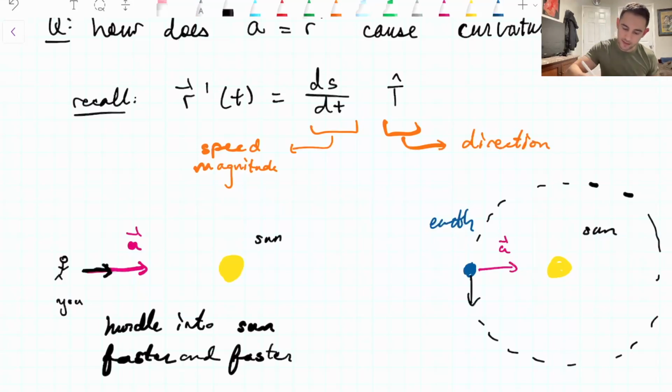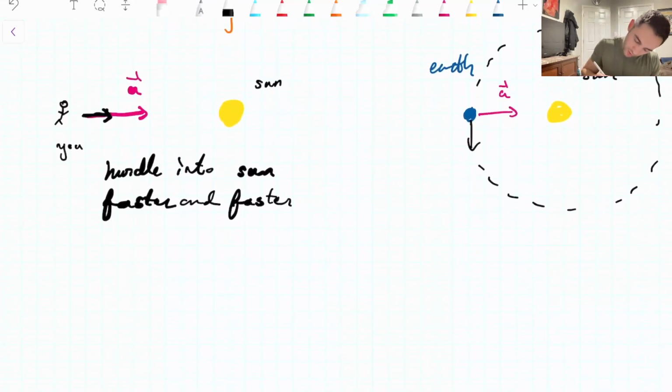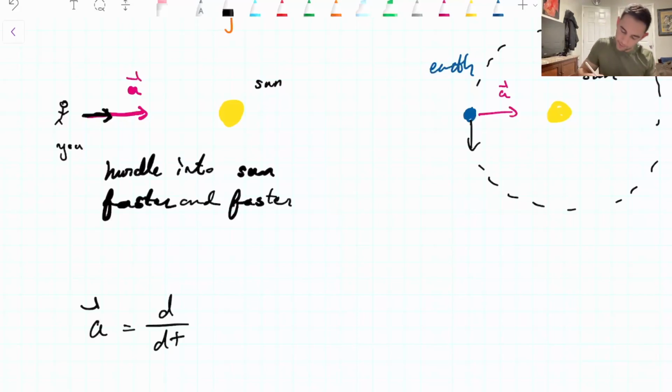And we can observe this precisely by making use of this perspective on velocity. That velocity is built out of two things, magnitude and direction, speed and T hat. So, if I observe that my acceleration vector is precisely the derivative with respect to time of r prime. The acceleration vector is just r double prime, the derivative of r prime.